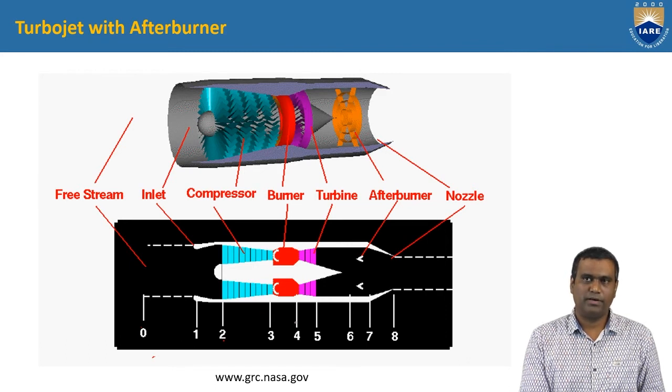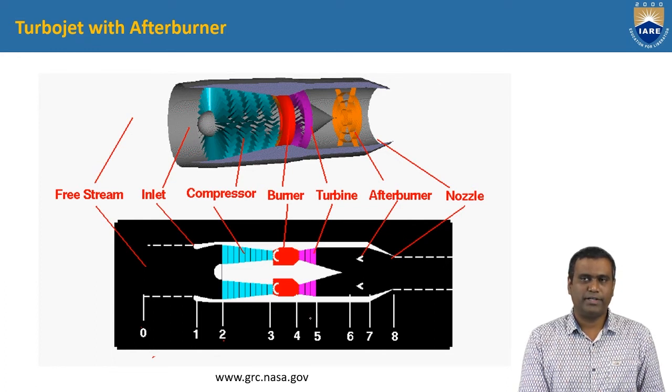Then 4 is the end of the combustion and entrance of the turbine, and the 5th one is immediately after the turbine, that is the exhaust of the turbine, and the 6th one is before the afterburner. And here we can see the afterburner fuel injection mechanism.